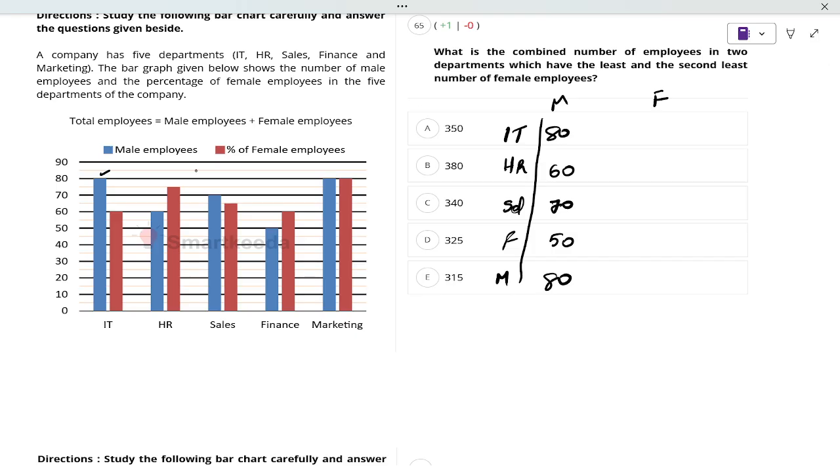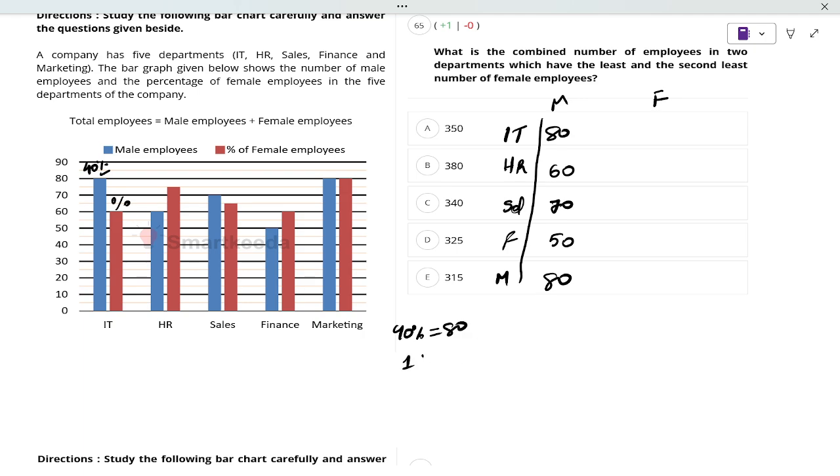Now the female one is given in terms of percentage, that means it's 60%. If this is 60%, this becomes 40%, because IT total will give us 100%, right? So 60% belongs to female, then 40% belongs to male. So 40% is equivalent to 80 from the IT male.